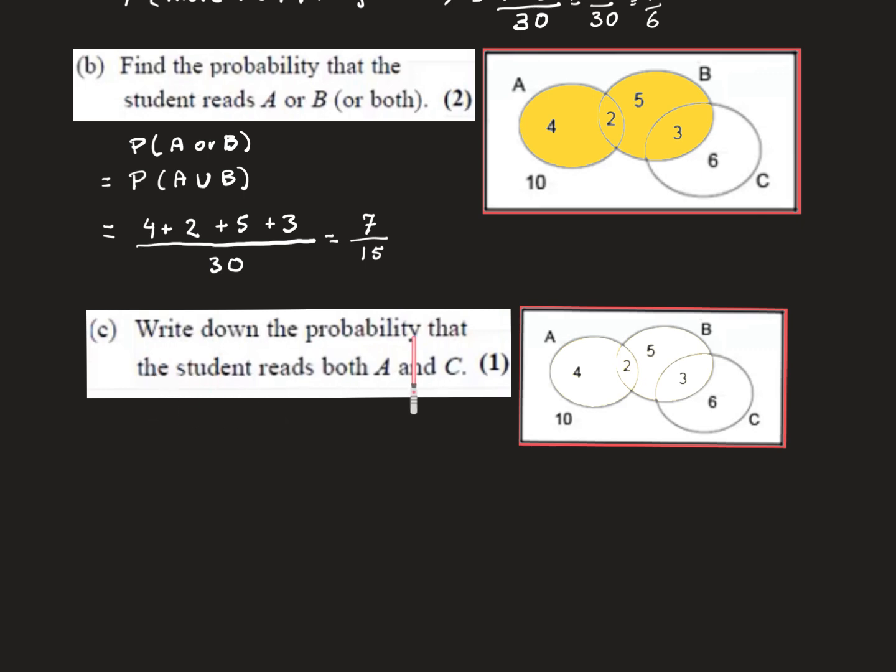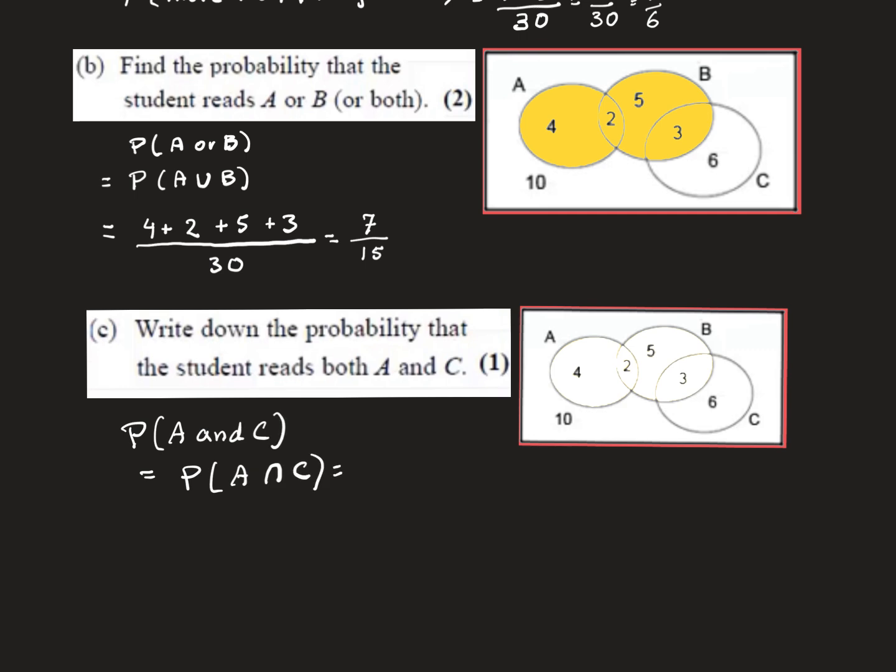Write down the probability that the student reads both A and C. When we write both A and C, the probability of A and C means that we're looking for the probability of A intersection C.